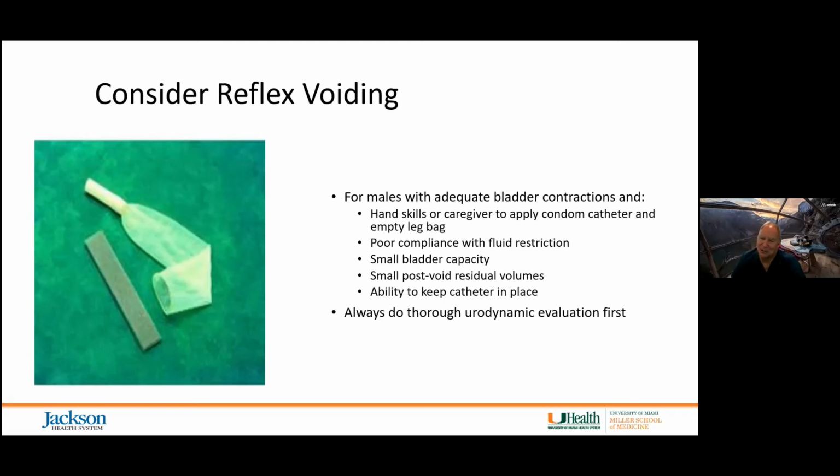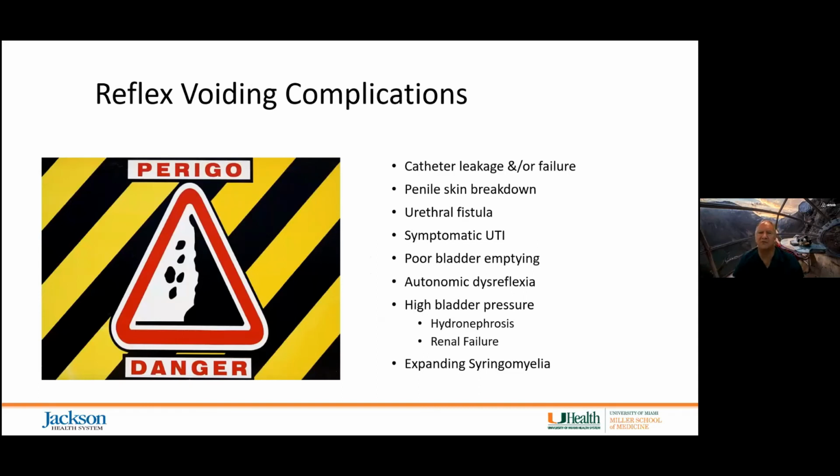Whenever possible, I want to do intermittent catheterization. That's a better option than indwelling catheter, and that's a better option than reflex voiding. But that's my perspective as a clinician. The patient's perspective may be different, and they might want to try this. And so recognize that in providing them this option, we also recognize that they have to do urodynamic evaluations so that we can determine what kind of pressures they're developing.